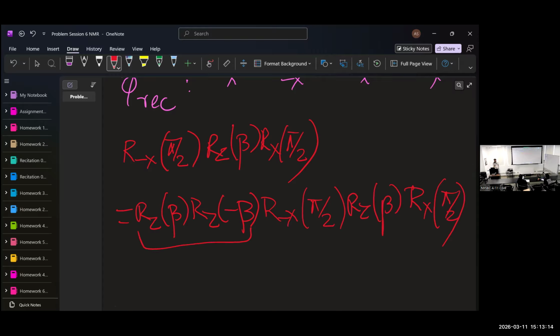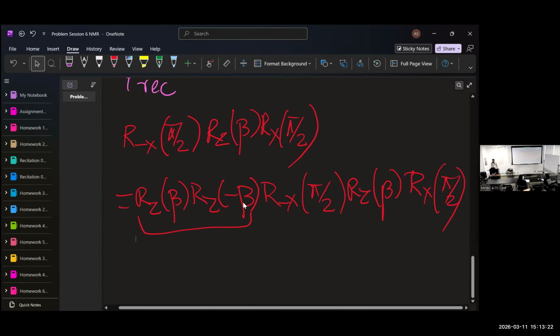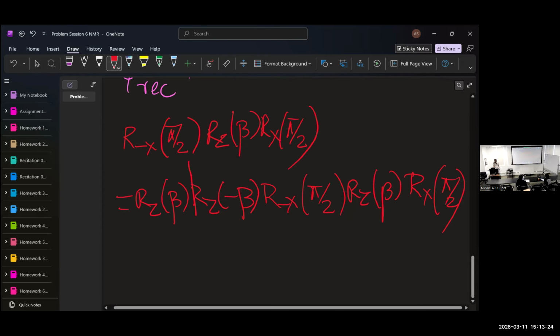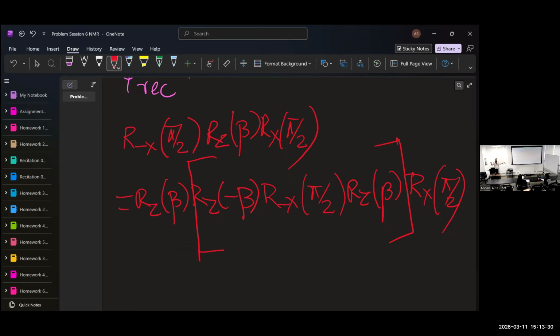Right? Because this is unity or identity. This is rotate to Z and then rotate back. It's not doing anything. So now with this, I have the left edge of the expression I need to prove here, and the right edge is also here. And if you look at this, it kind of looks like a unitary transform, right?